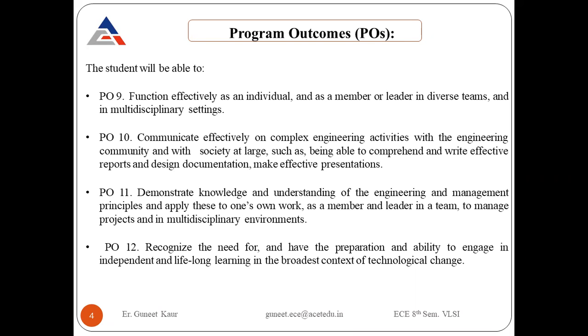Next, the program outcome 10. Communicate effectively on complex engineering activities with the engineering community and with society at large, such as being able to comprehend and write effective reports and design documentation, make effective presentations.